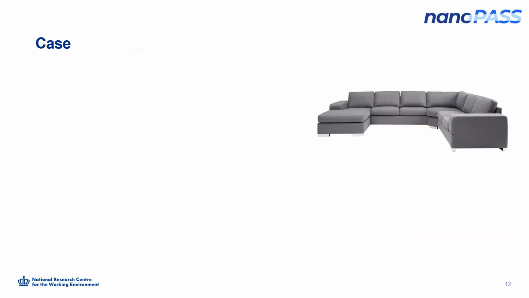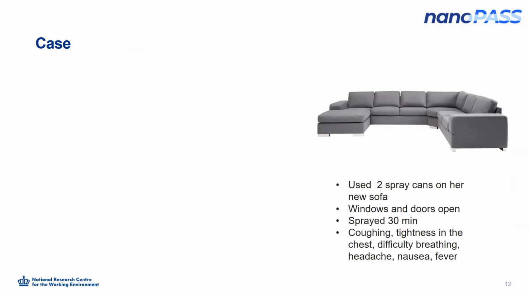So one case, this is very typical of what they look like. A person bought a new sofa and used 2 spray cans to spray the sofa. They had opened the windows and doors because it says on the cans that you need good ventilation. They used 30 minutes to spray, and they experienced during the spraying and straight after that they started coughing violently.